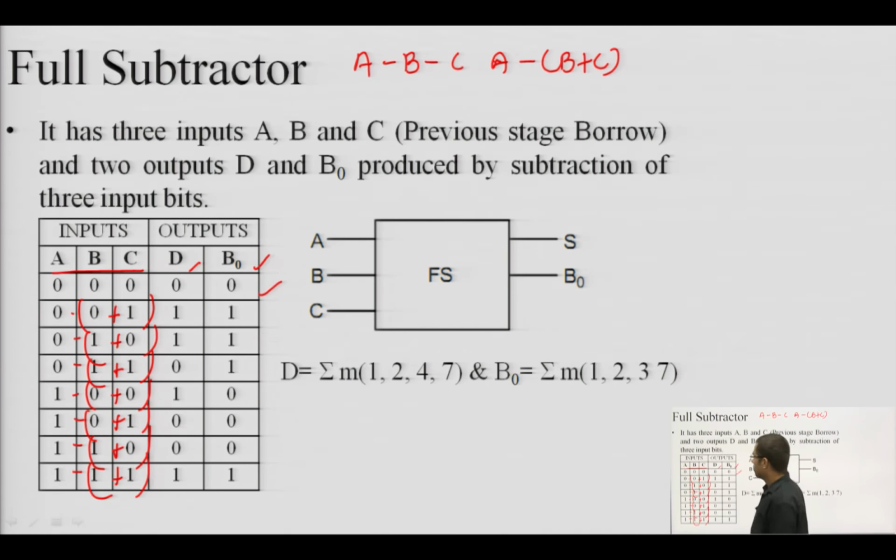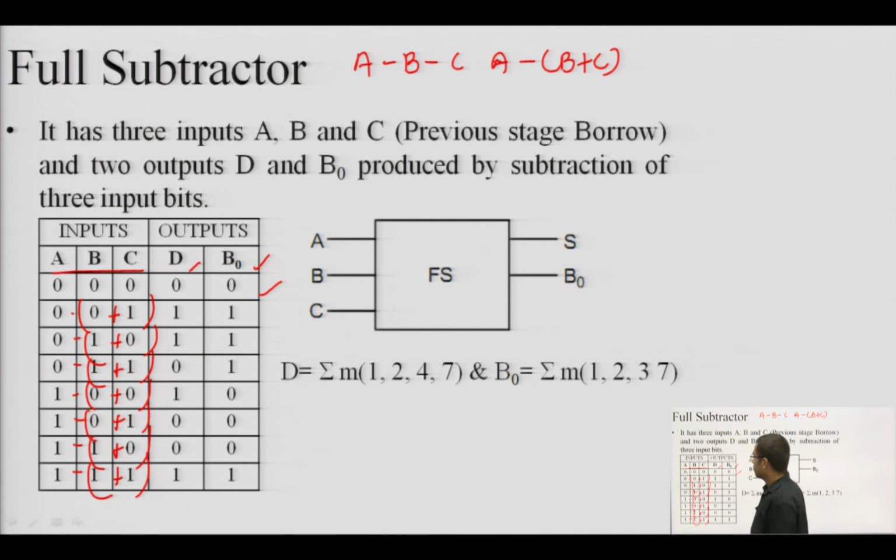Again 0 minus 1, difference 1, borrow 1. How is it written here? We have to check that 0 minus 1. We are writing it separately: 0 minus 1 is difference 1, borrow 1. This is my difference and this is borrow. So, 0 minus 1, difference is 1, borrow is 1, and further that minus 1.